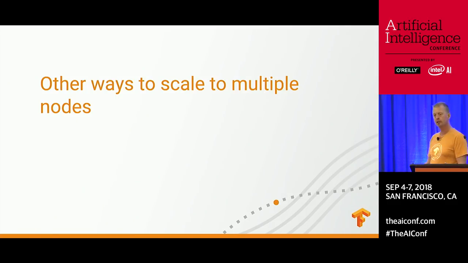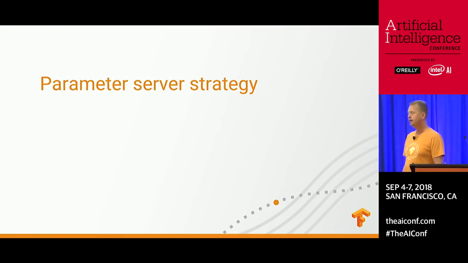There are also other ways to scale to multiple nodes with TensorFlow. And one of them, how many of you are familiar with parameter server strategy? Parameter servers. Yeah, this is the classical way of how you do TensorFlow distributed training. And eventually, you should not continue to do that.